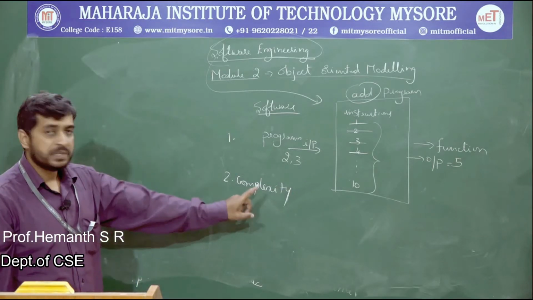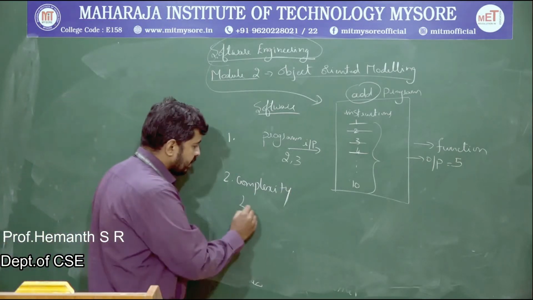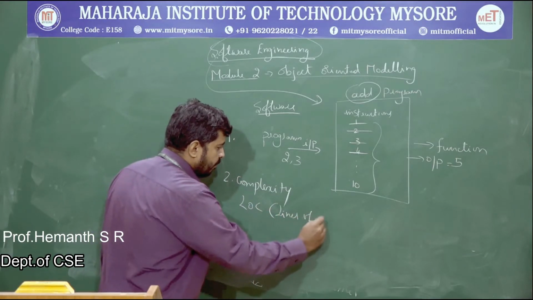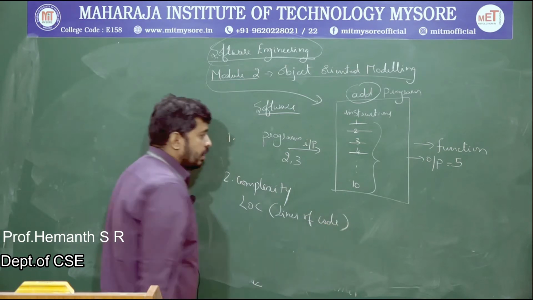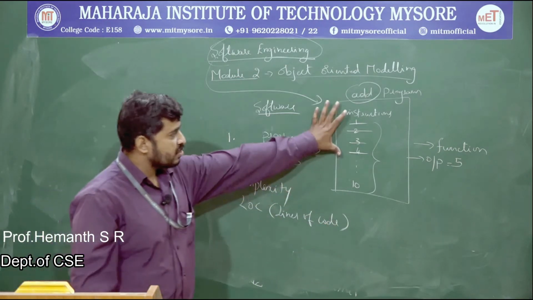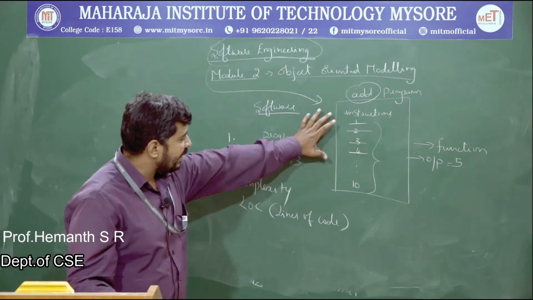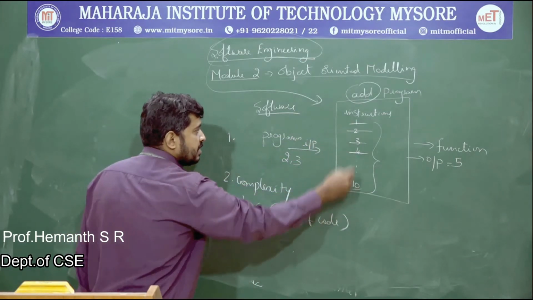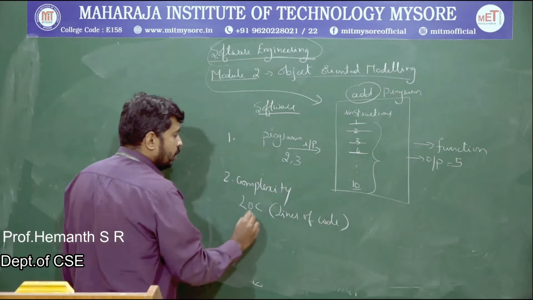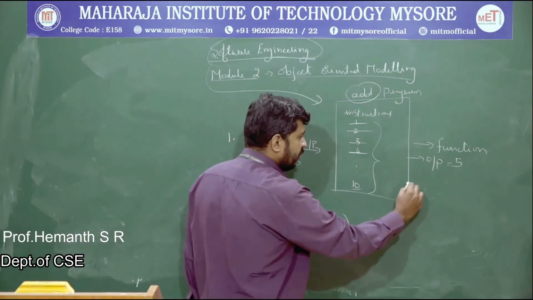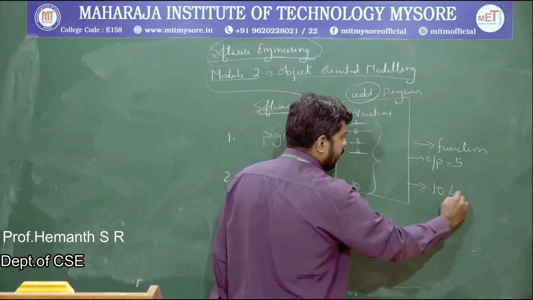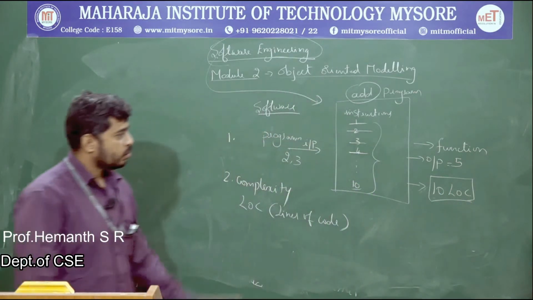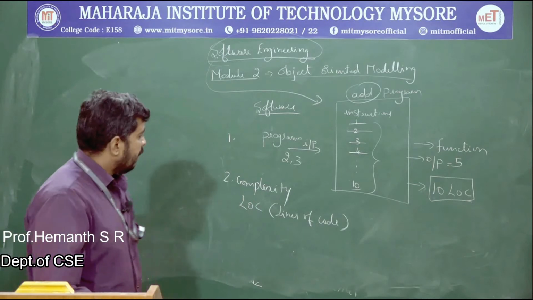See, complexity is measured by using what is called as LOC, or lines of code. Okay. Now, if you just give a glance of this example, you can see 10 lines of code are there. So 10 lines of instructions are there, starting from 1 to 10. So the complexity of this program is 10 lines of code. Now, so totally 10 lines are there.